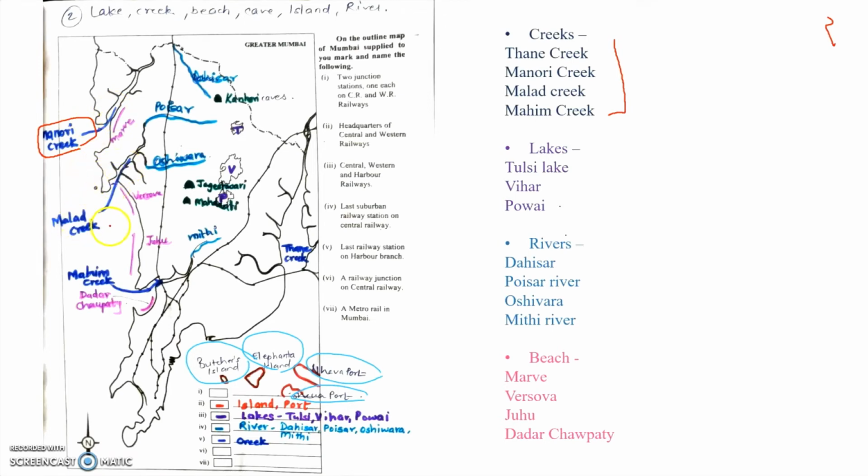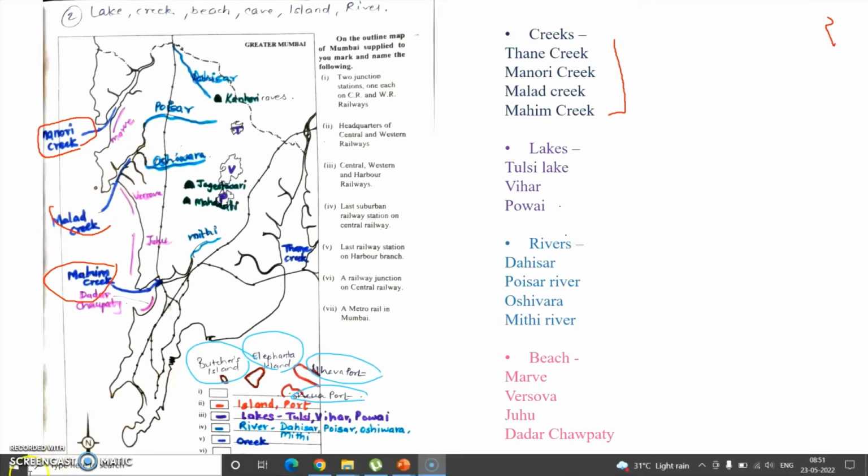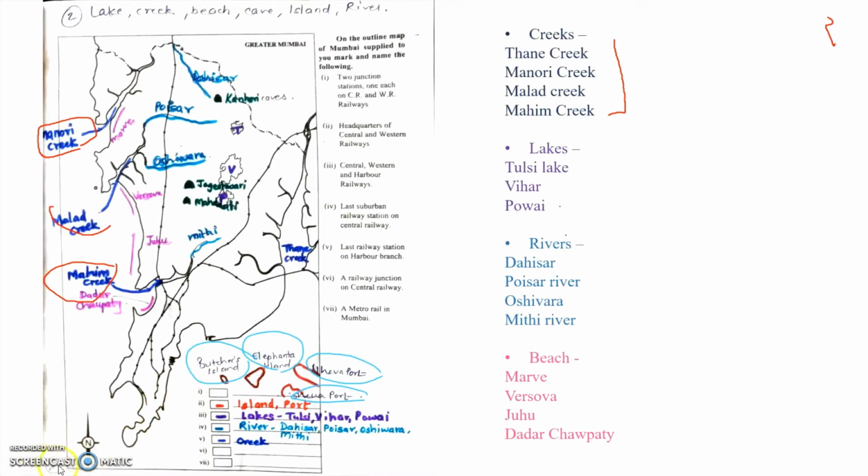Second gap is filled up with Malad Creek. Okay, and you even know that Malad is here nearby. Mahim station is near Dadar station. So you can also remember it like this, that near Dadar, whichever fold is there, whichever blank space is there, is occupied by Mahim Creek. Near Goregaon, whichever blank space is there is occupied by a creek. You can see Thane Creek here.